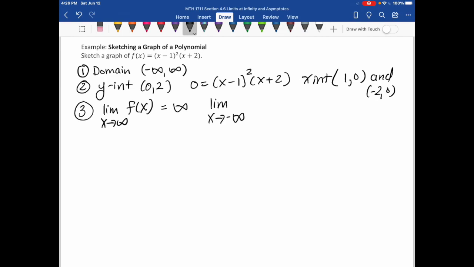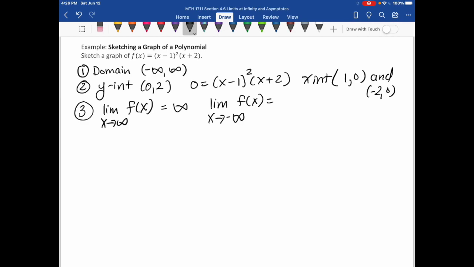Now, if I look at the limit as x goes to negative infinity, if I start thinking about plugging in really, really big numbers, but that are negative, that first factor that's squared, if I plug in really large negative numbers there, that squared is going to make it become positive. And then when I plug in really, really large numbers into the second factor, that's going to stay negative.